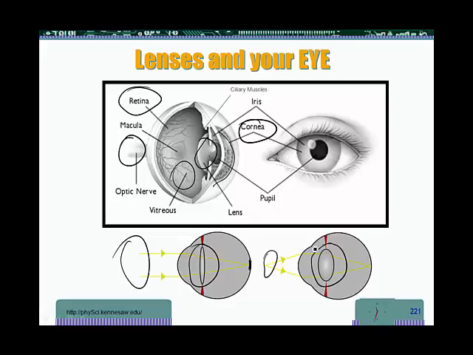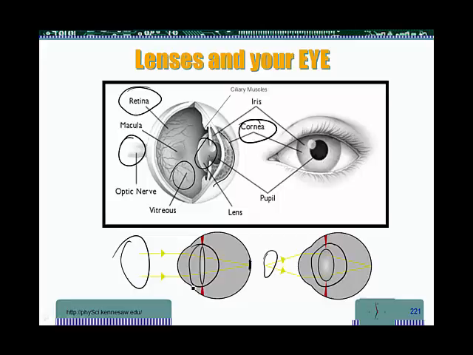See here, in looking at close-by objects, it looks much fatter, smaller radii of curvature, smaller focal length, and when looking at distant objects, it looks thinner, higher radii of curvature, larger focal length.